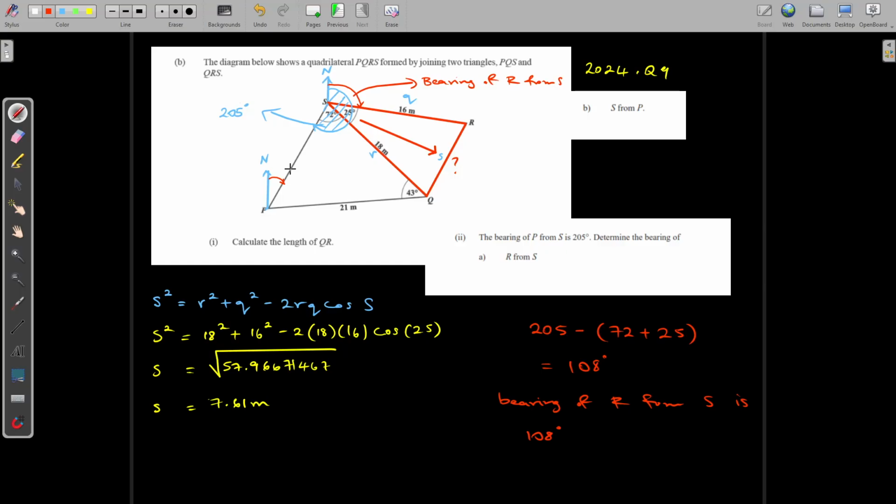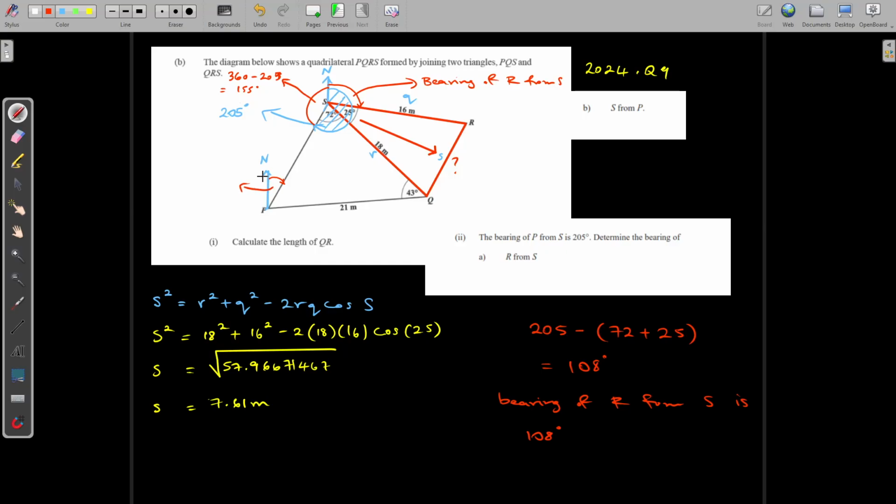If you subtract 205 from 360, you get 155. Oh, yes. So we can find this angle up here. And then you subtract it from 180. Right, so this little angle here is 360 subtract 205. That gives us 155.